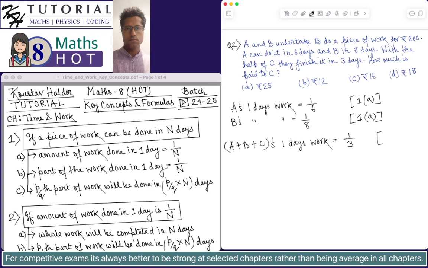So this is again applying the concept of 1a. When we know that A plus B plus C completes the job in 3 days, we can say A plus B plus C's 1 day's work is 1 by 3. Okay.